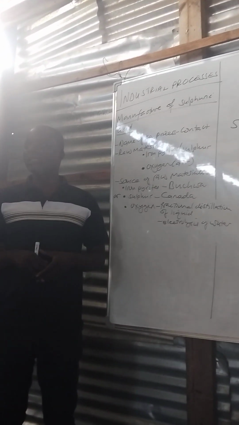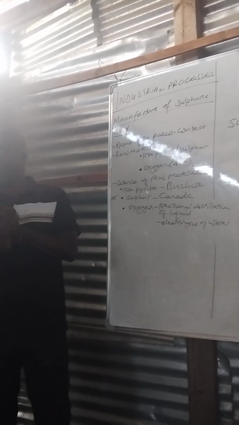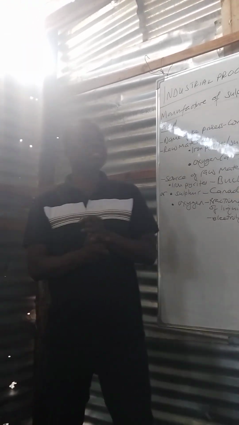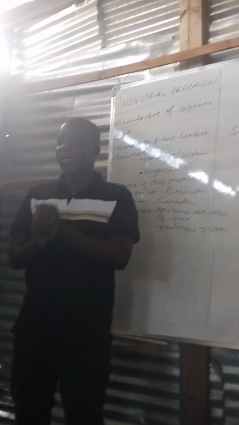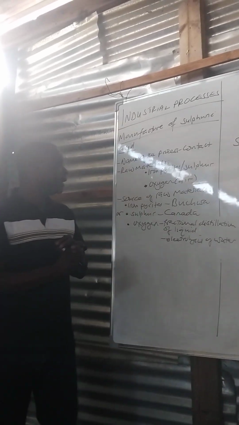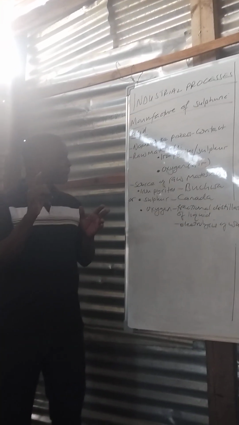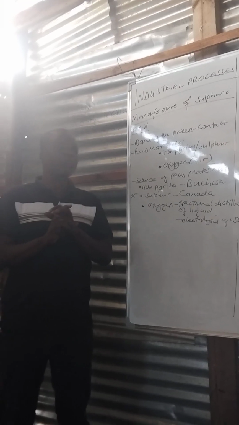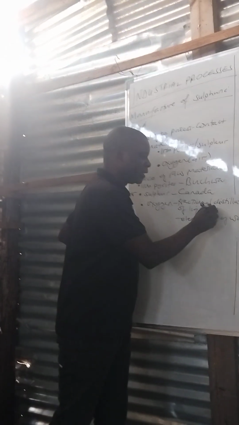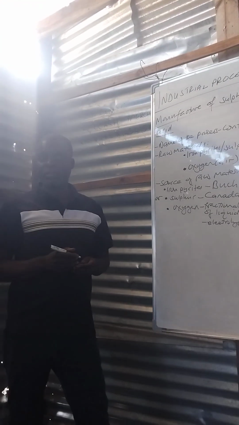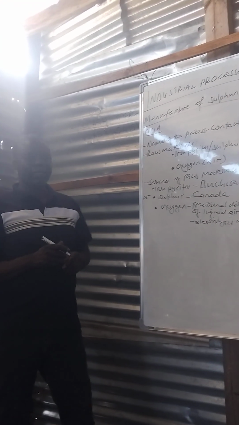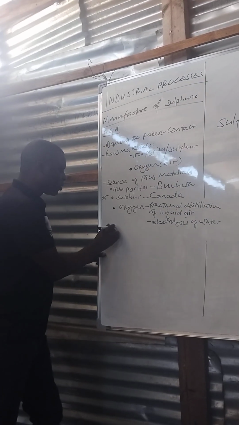Source of oxygen: either electrolysis of water, don't just say water, or fractional distillation of liquid air. One of the two, don't put both together.